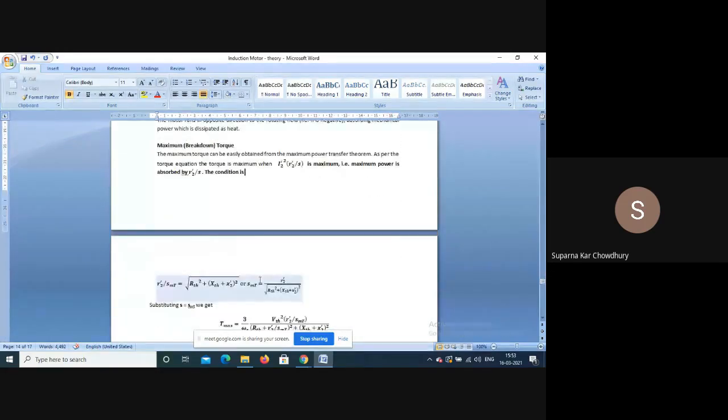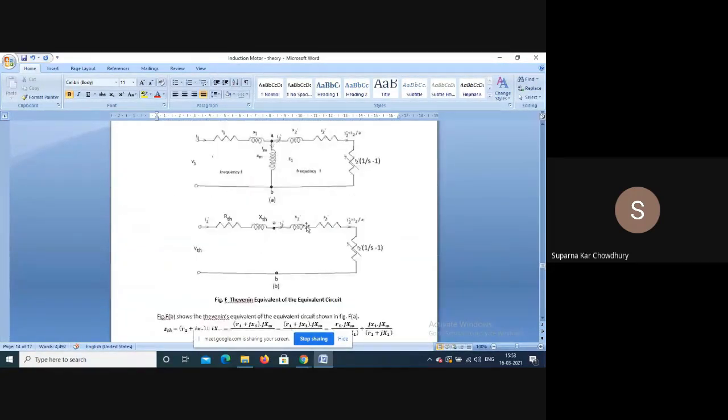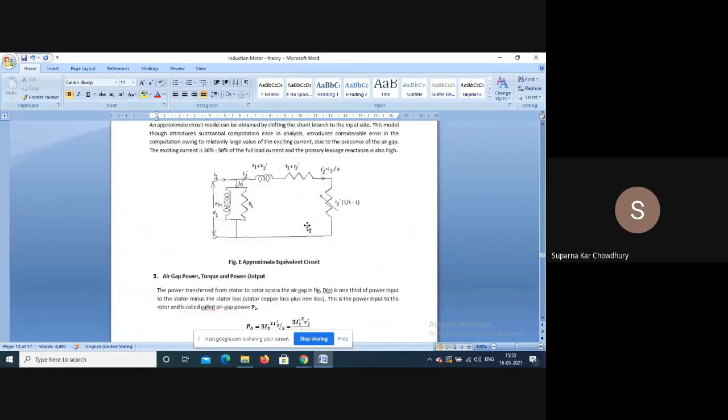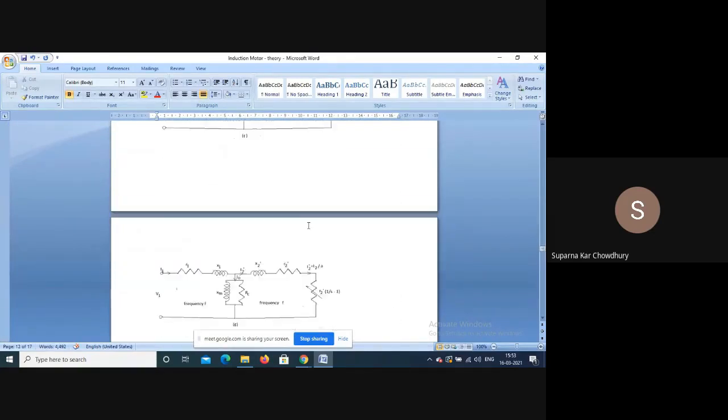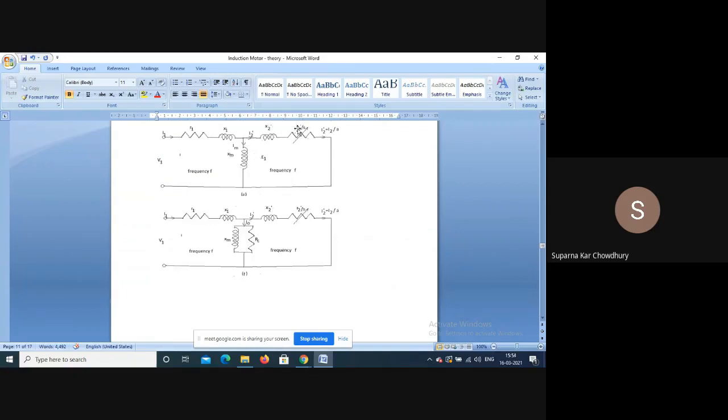So from the maximum power transfer theorem, if we look into this equivalent circuit, then the torque is proportional to the power dissipated across this resistance.